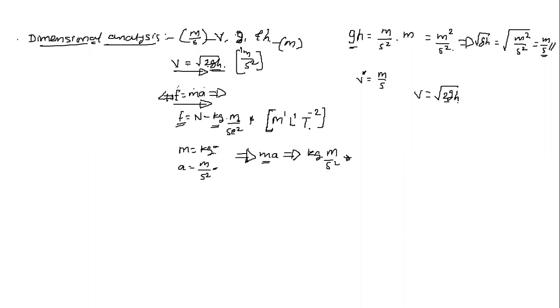Whenever we write L, M, T with their powers in a square bracket, we say that this is the dimensional form of that particular physical quantity. So for the force, in a bracket, M1 L1 T raised to -2 indicates the dimensional form of the force.